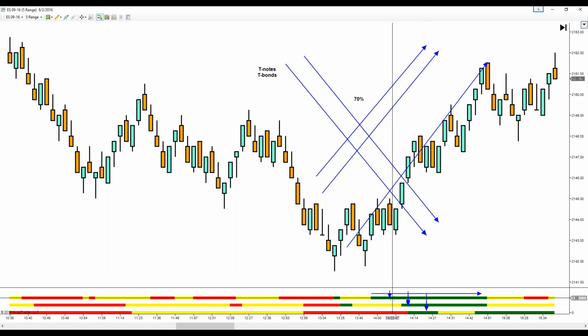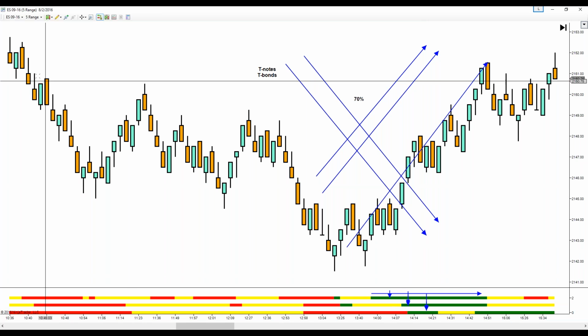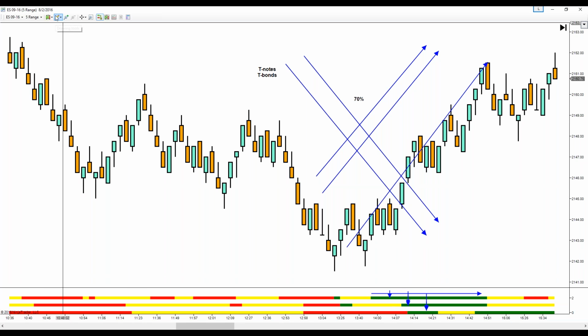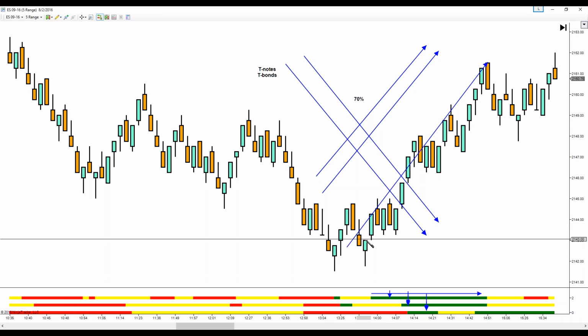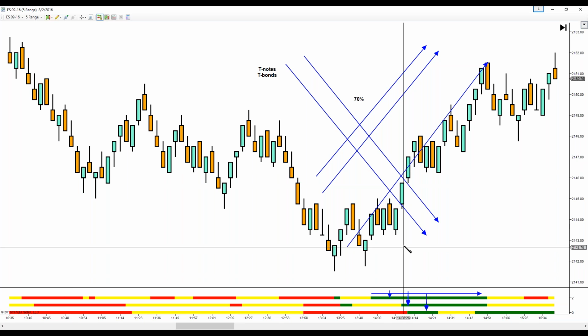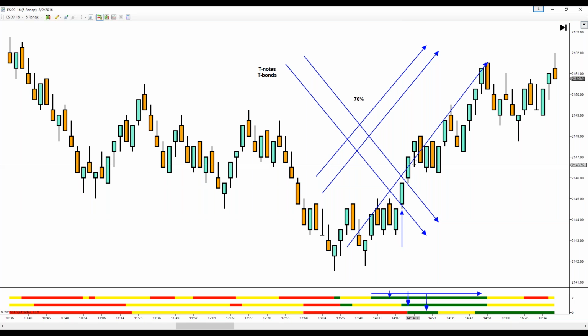But you can see once that first quant line, the major quant line, went green, and the second quant line went green, which is really here, price is going to be heading up. Now, the lines are not green because price is heading up.